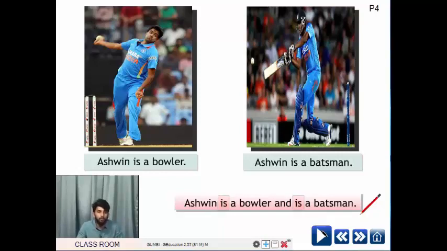Now tell me how many verbs we have? You can see is and is getting highlighted there. So we have two verbs. And tell me children, which word helped us to join these two simple sentences into one single sentence?